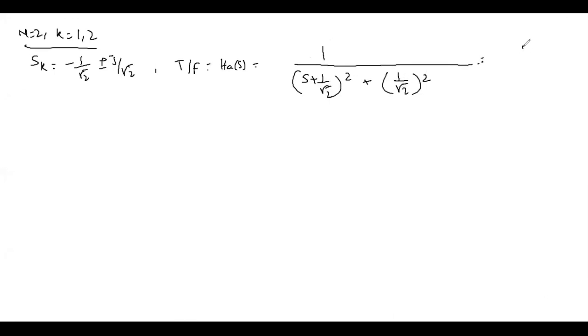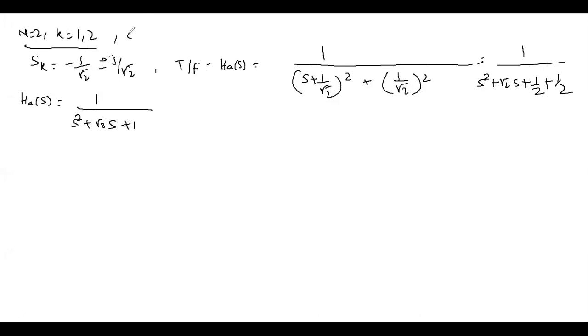Then what will we get? 1 by s square plus root 2 s, because 2ab plus b square means 1 by 2 plus this is 1 by 2. So what we got here? H of s equals 1 divided by s square plus root 2 s plus 1.